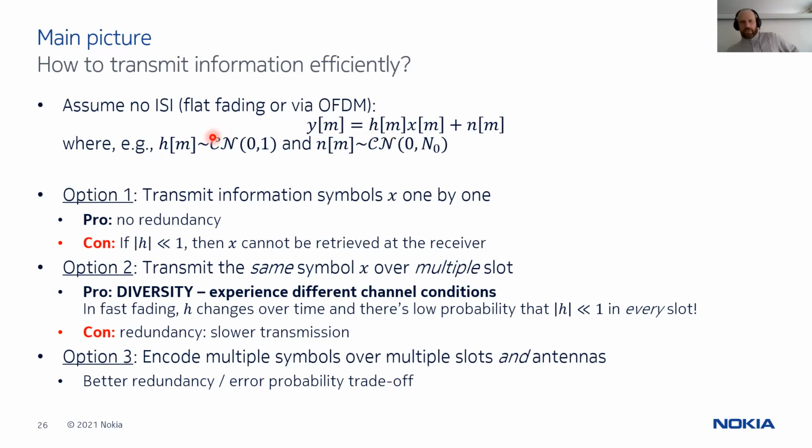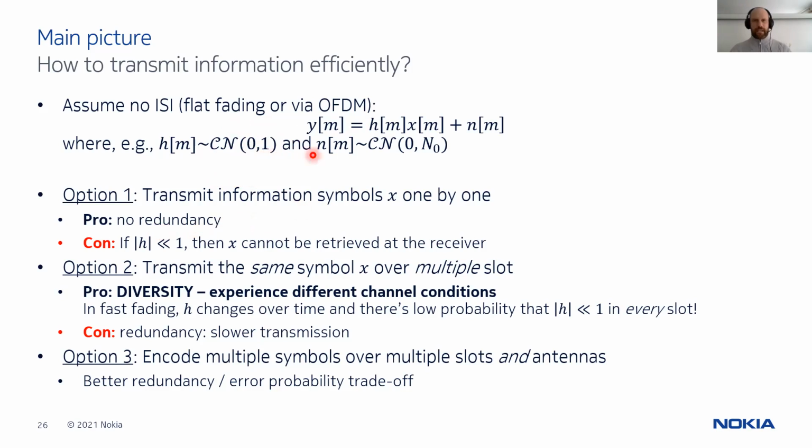In textbooks, it's usually modeled as a circular Gaussian variable, though it's not really so in real life. A circular Gaussian variable is a Gaussian variable in the complex space where the real part and imaginary part are both Gaussian and independent, each with a variance of 1/2, such that the overall variance is 1, and zero mean.